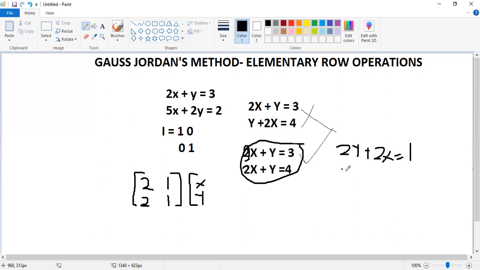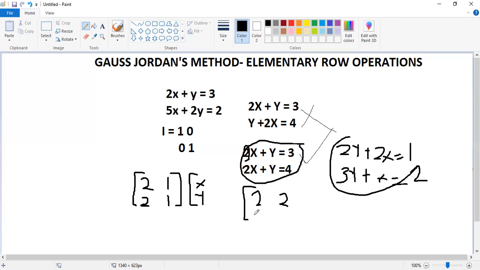And then we have 3y plus x is equal to say 2. Then at this point, when you are translating it to a matrix, you write it this way, 2, then the 2, 3, then the 1.